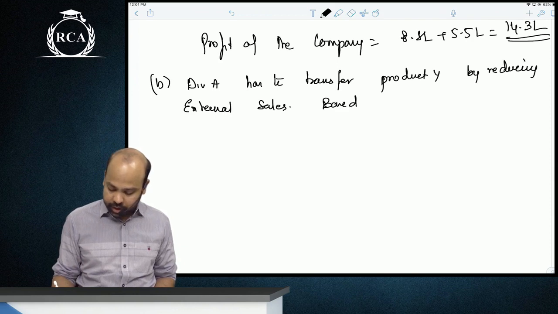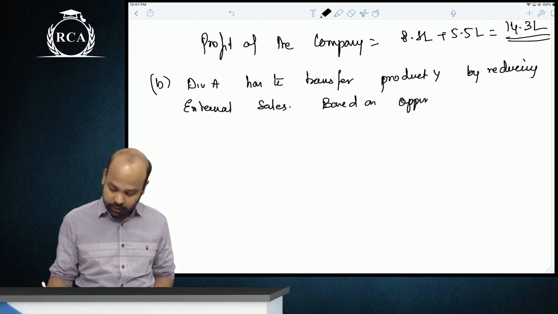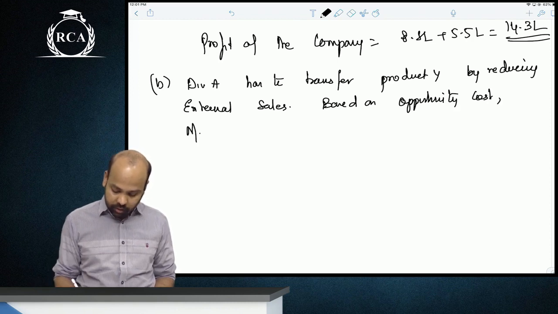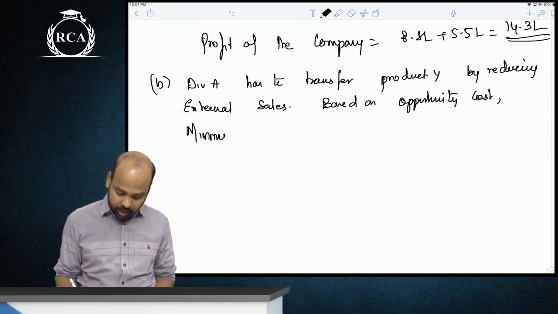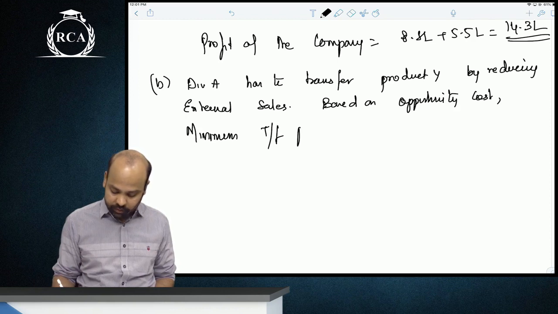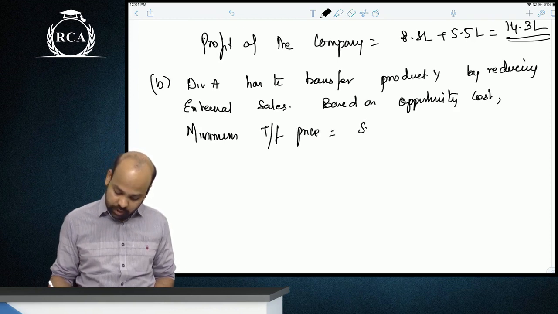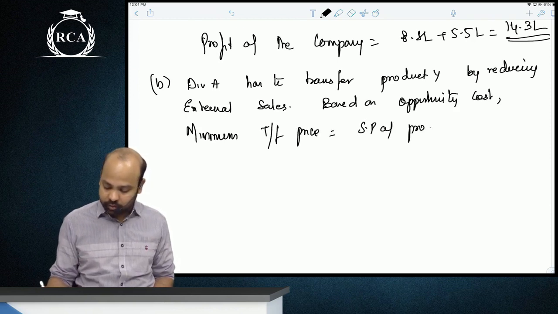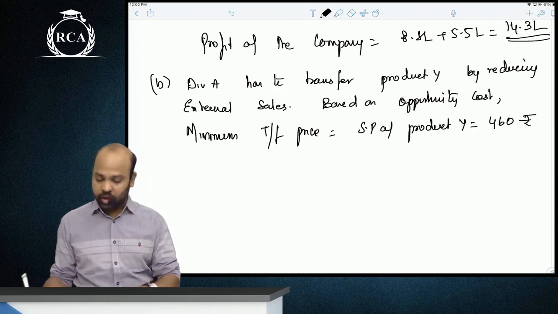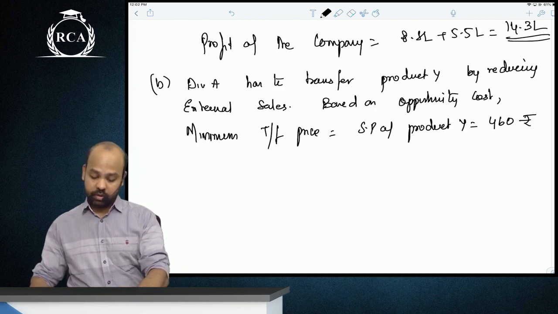Based on opportunity cost, beta, the minimum transfer price should be the external price. It should be the selling price of product Y, that is 460 rupees. 460 rupees, beta, should be the minimum transfer price.